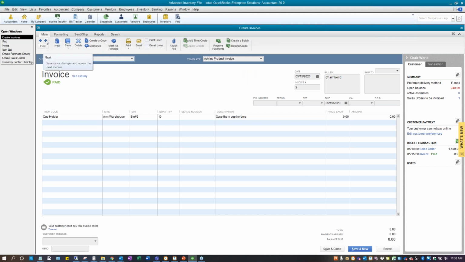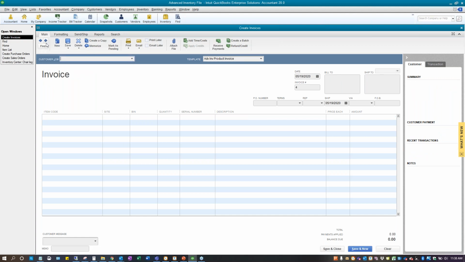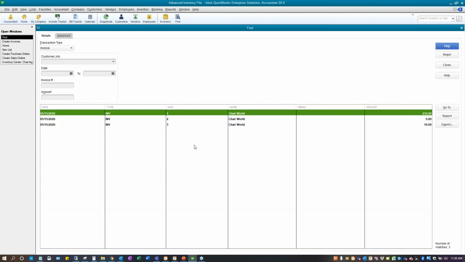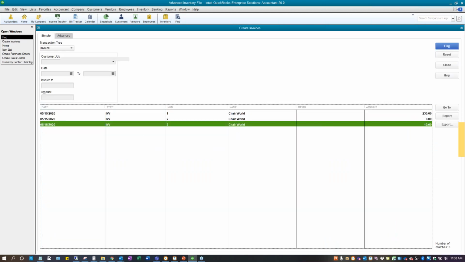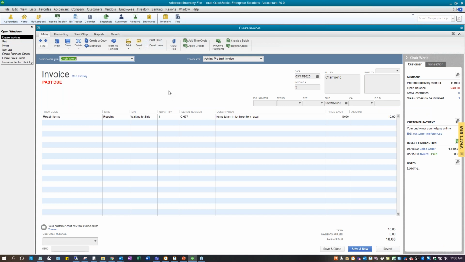The other thing was that I had received an item in inventory for a repair and had moved it all through inventory. And now I wanted to get that repair back out to the client. So I could either invoice it to them at $0 if it was warranty work, or I did work on that chair.